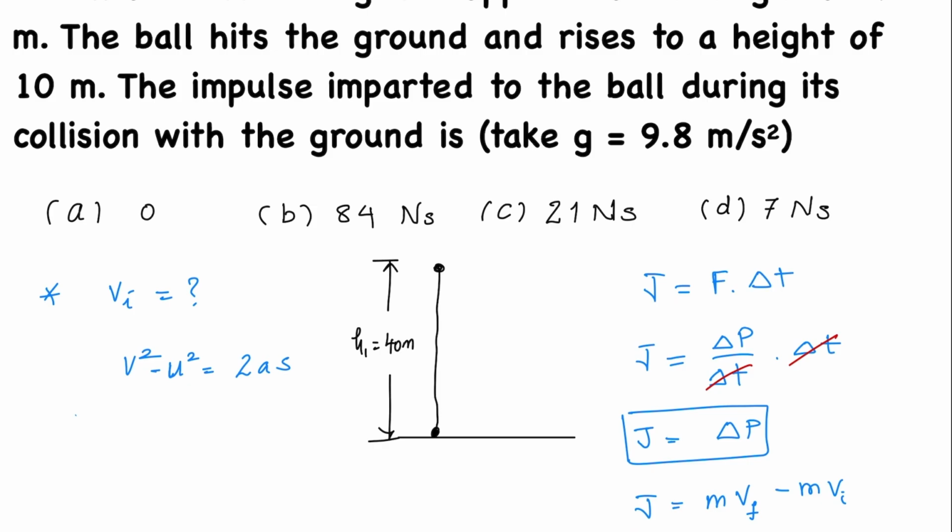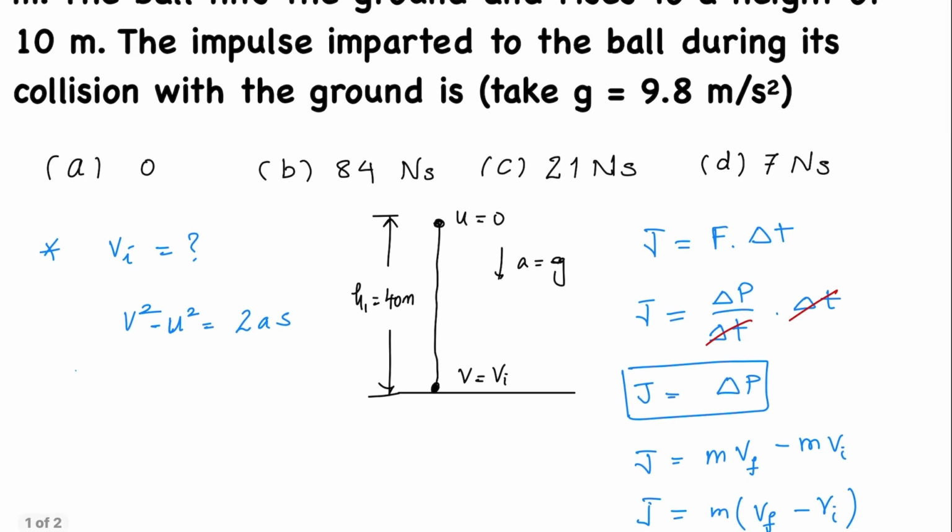For a body which is under free fall, the initial velocity is equal to 0, and its final velocity v is equal to vi, which is what we are supposed to calculate now. And here g is acceleration due to gravity, and it is directed along the direction of the motion, so it is taken positive.